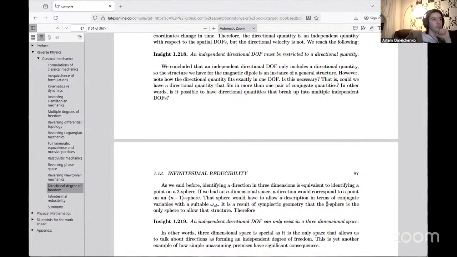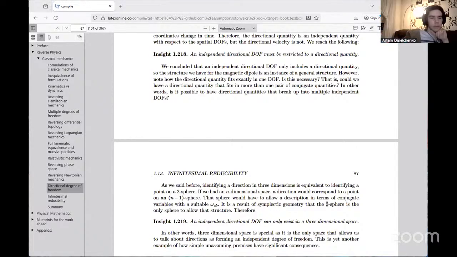It does establish that those triples are special, but I can imagine situations where we have another n-dimensional space, but if we want to have directional quantities in it, those will have to relate to some three-dimensional subspace or stuff like that. Right. So right now, I don't have an argument of why that can't happen or shouldn't happen and so on.